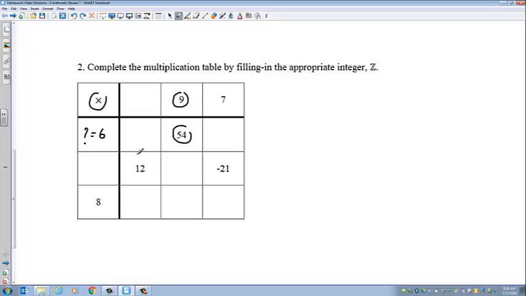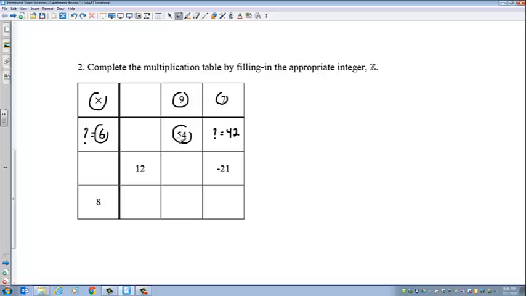If you can't immediately recall it, you're going to have to work on your times tables a bit, and I'll put some material on the course webpage that will help you. So 9 times 6 is certainly 54, and then 6 times 7, so to find what goes here, you can just take 6 times 7, and we get 42.